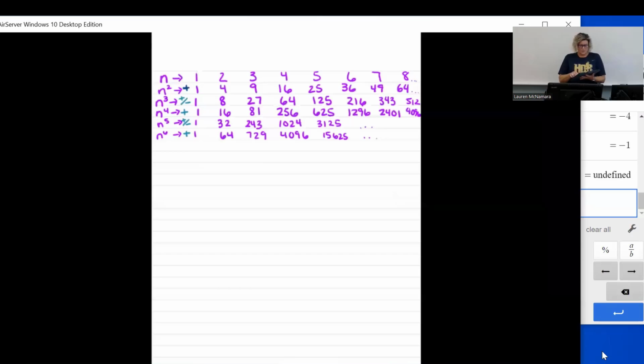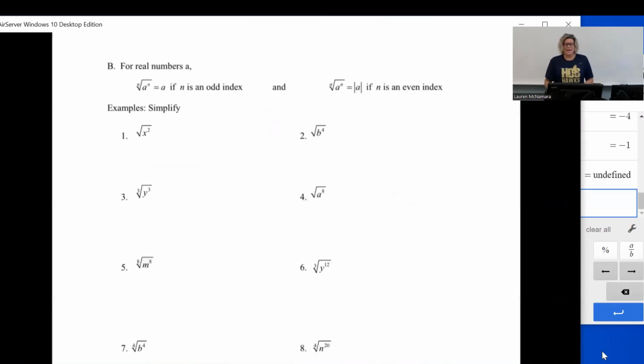All right, so now we're going to be looking at our perfects that are variables.